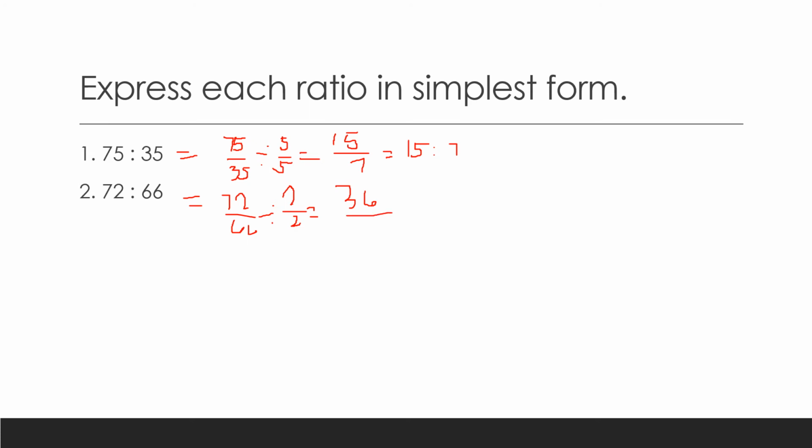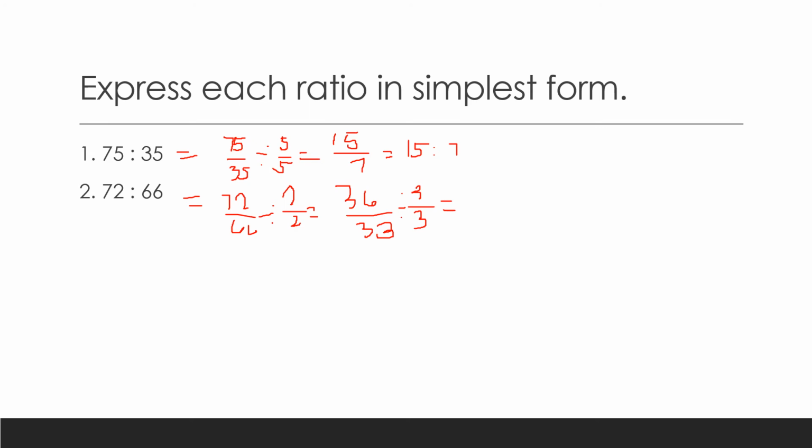So, can we still simplify that? 36 divided by 3 is 12, and 33 divided by 3 is 11. So we can still divide this by 3.